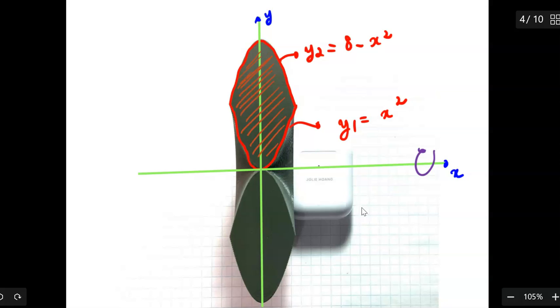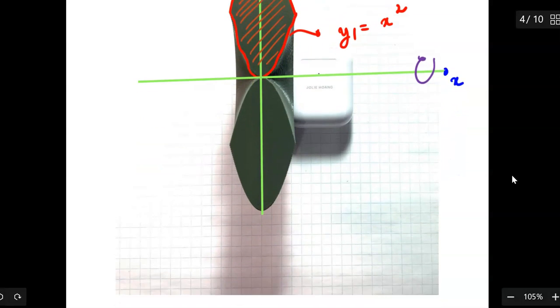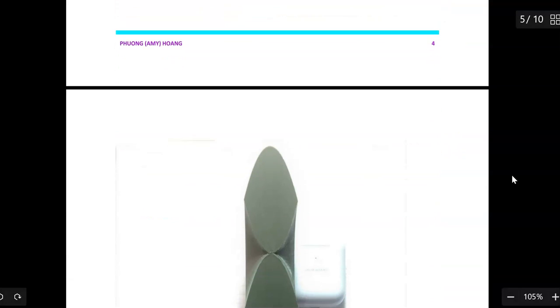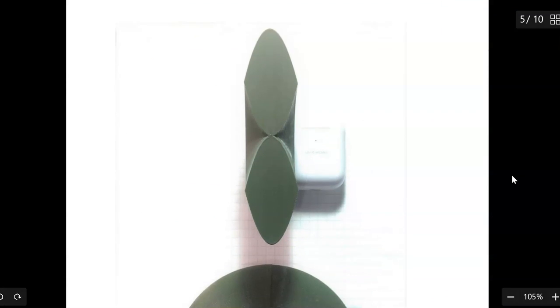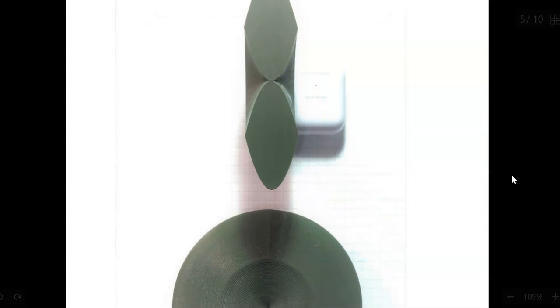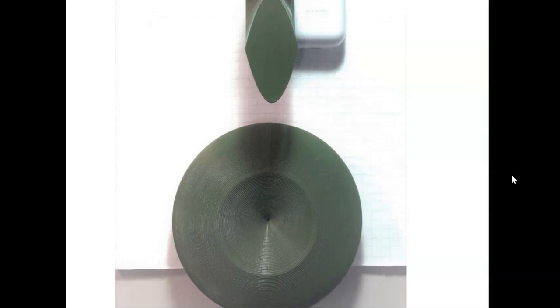Okay, and then we rotate this shape about the x-axis, and we are forming this 3D image, or this solid. So let me show you what it actually looks like. If this is the cross-section part of it, the full solid would actually, okay, so here is the half, the cross-section to show you the area, and here is the actual shape.